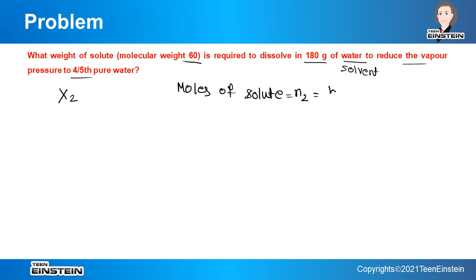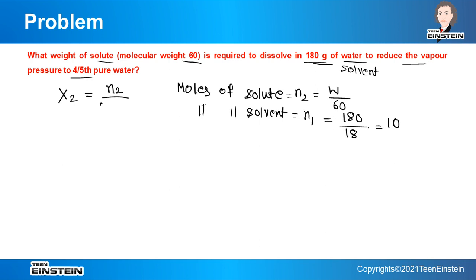Suppose the weight is W, because we have to find out what weight of solute, divided by its molecular weight. Similarly, moles of solvent N1, now here the given mass of solvent is 180 and molecular weight of water 18, so this will be 10. Okay, so now we can write the expression for x2, which is N2 divided by N1 plus N2.